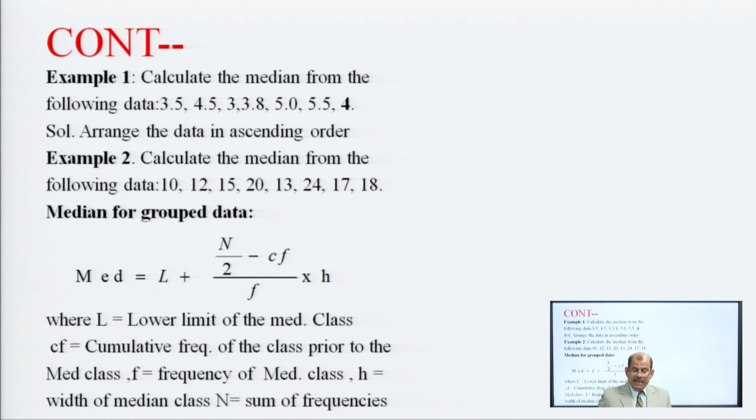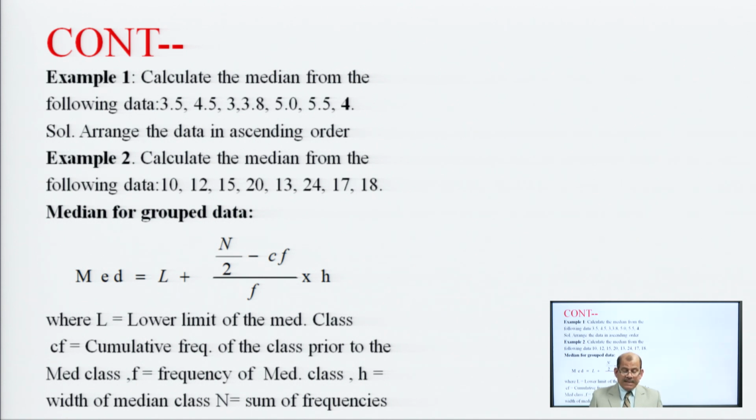Second, calculate the median from the following data: 10, 12, 15, 20, 13, 24, 17 and 18. Here there are 8 numbers, the number is even, hence we arrange the given data in ascending order: 10, 12, 13, 15, 17, 18, 20, 24. Two middle terms are 15 and 17.